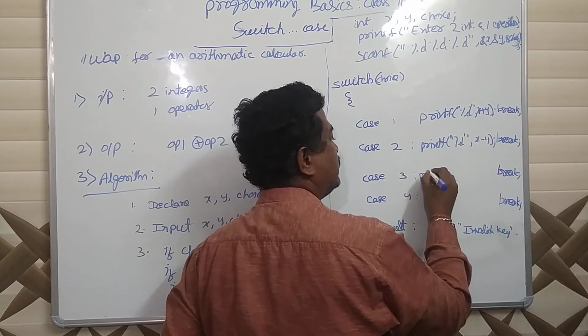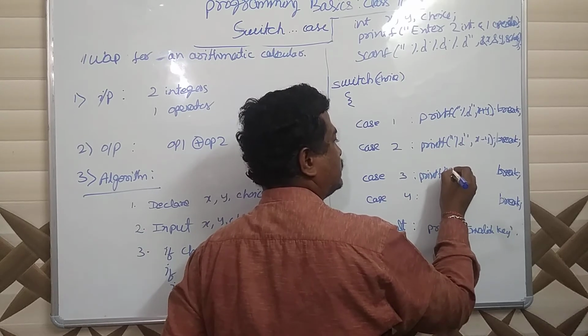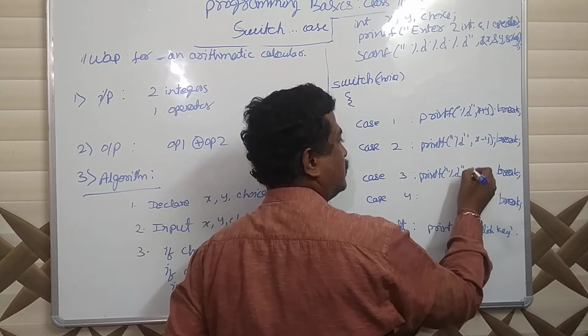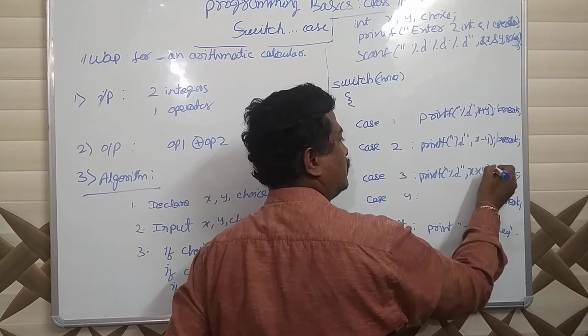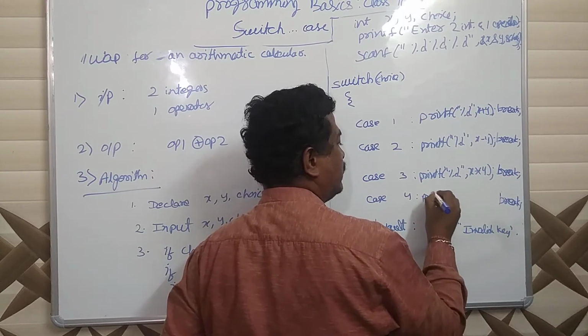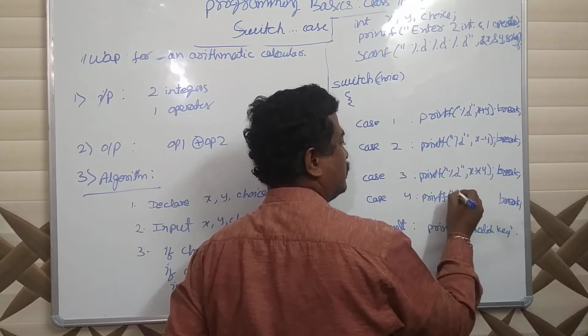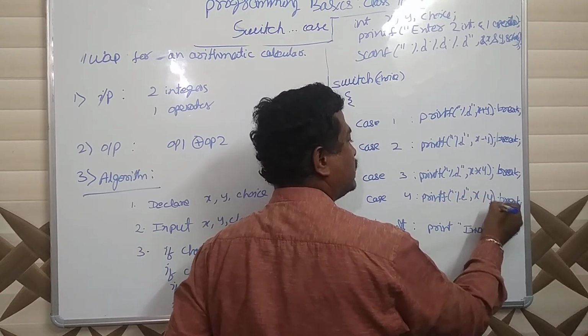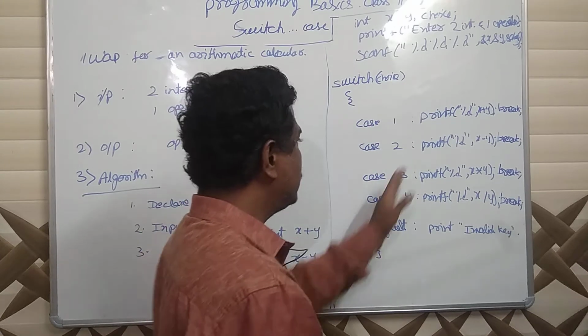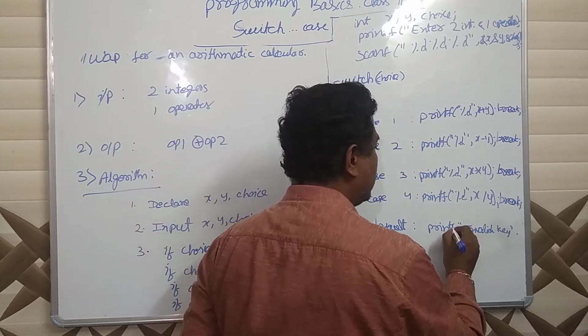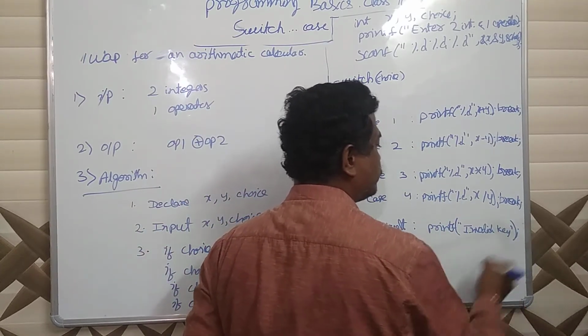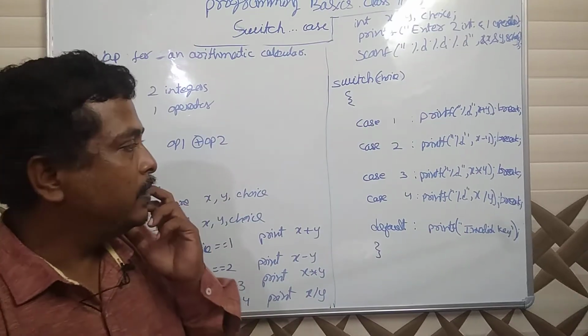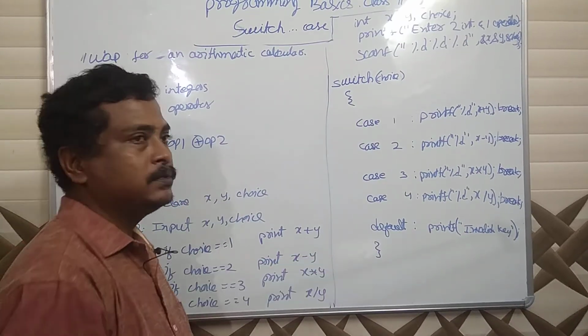If your choice is 3, x multiplication y. If it is 4, x division y. Like that you can carry on. If it is nothing out of these 4, then printf invalid key. Okay, now your program is over.